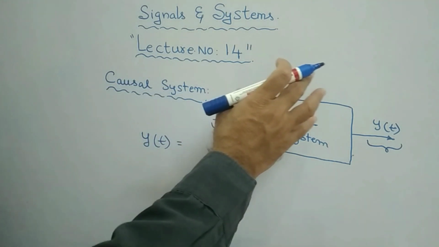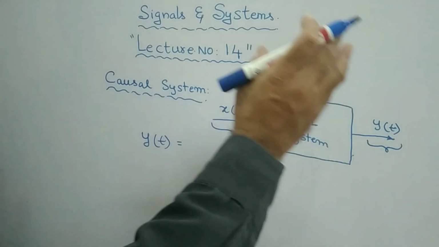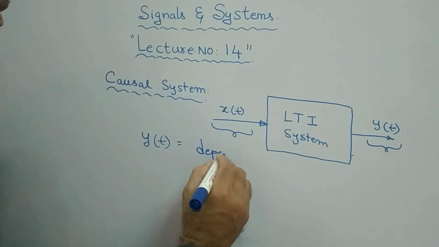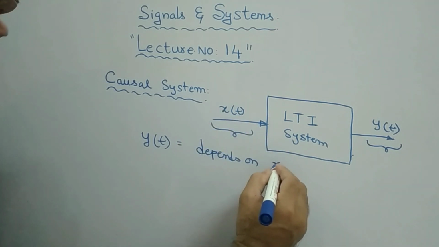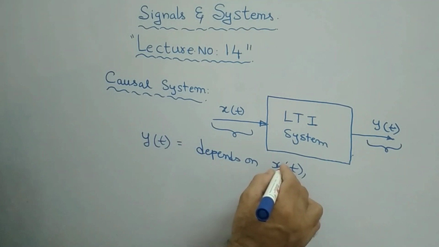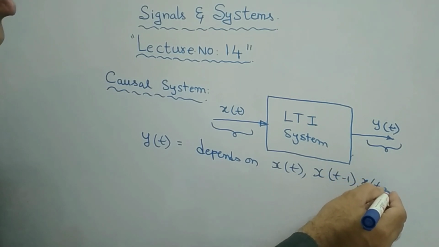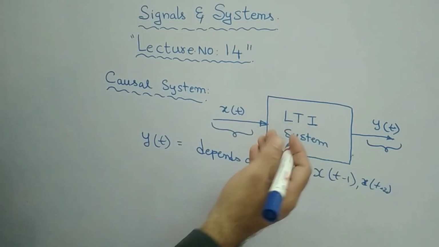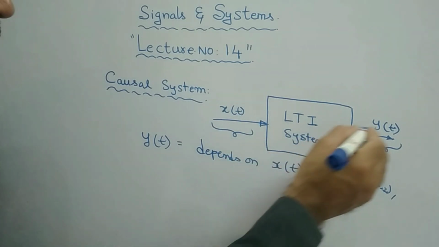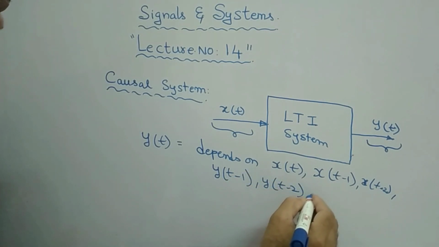The causal system is nothing but, for any given linear time invariant system, if it is said to be causal, the output of the system, y of t, depends on the present input, that is x of t, and past inputs, maybe x of t minus 1, x of t minus 2, x of t minus 3 and so on, as well as past outputs, that is y of t minus 1, y of t minus 2, y of t minus 10 and so on.